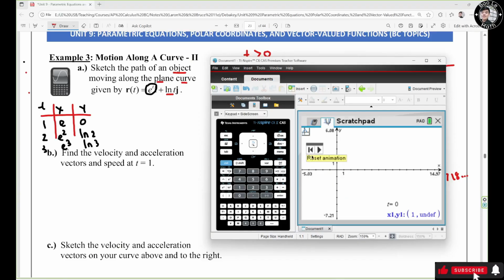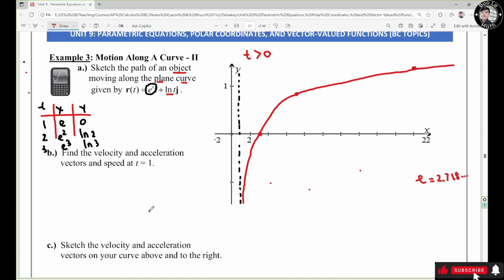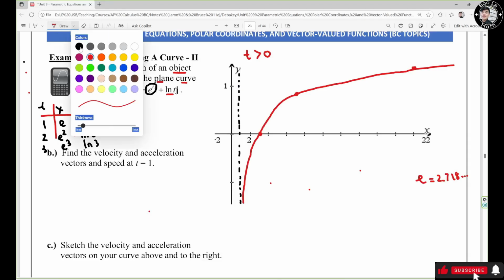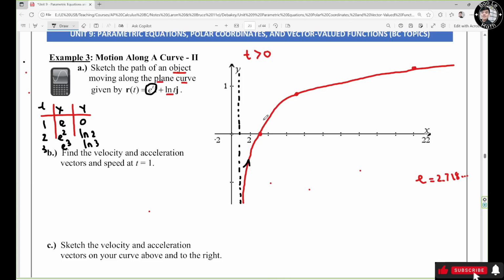Then you just press the start animation right here and enjoy. So you know that the particle is moving along this direction.